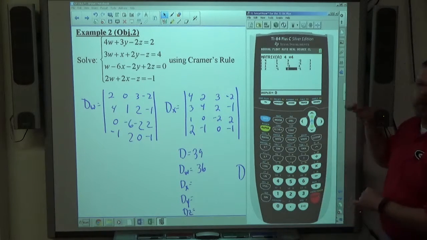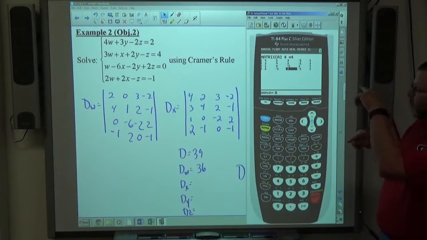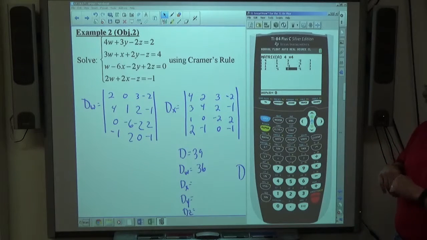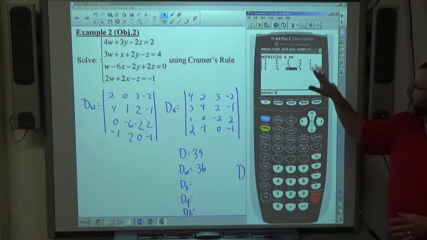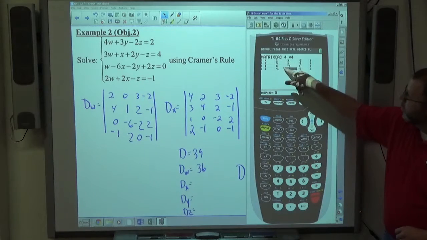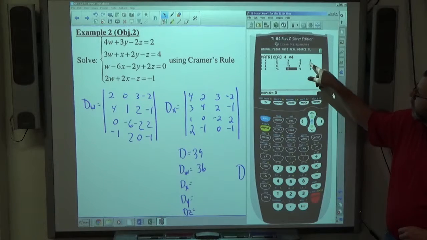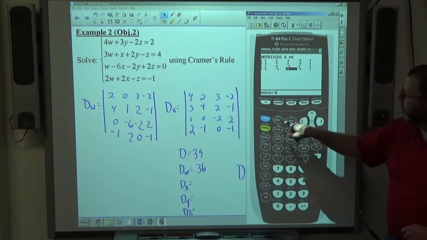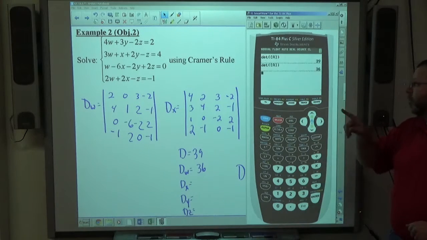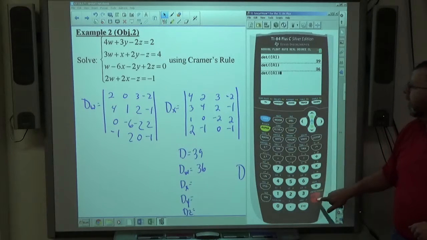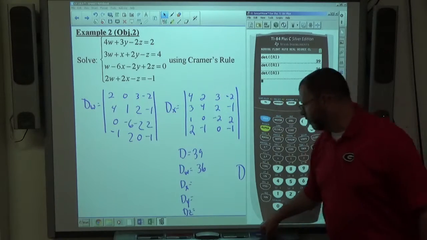And I said enter, but down actually instead of enter, sorry. 2 down, 4 down, 0 down, negative 1 down. Hitting enter goes that way and messes everything up. All right, everything's typed in correctly. 4, 3, 1, 2, 2, 4, 0, negative 1, 3, 2, negative 2, 0, negative 2, negative 1, 2, negative 1. Quit the matrix menu. Second, enter, enter. 33 is the answer.